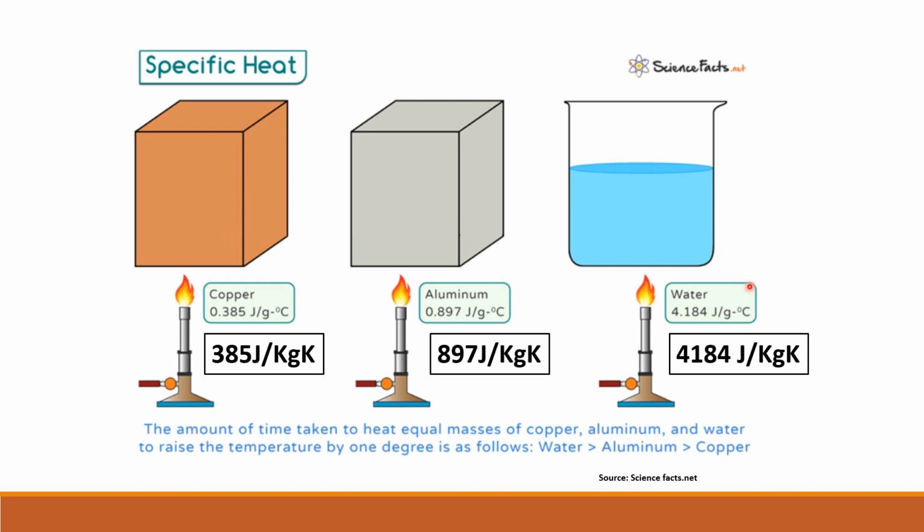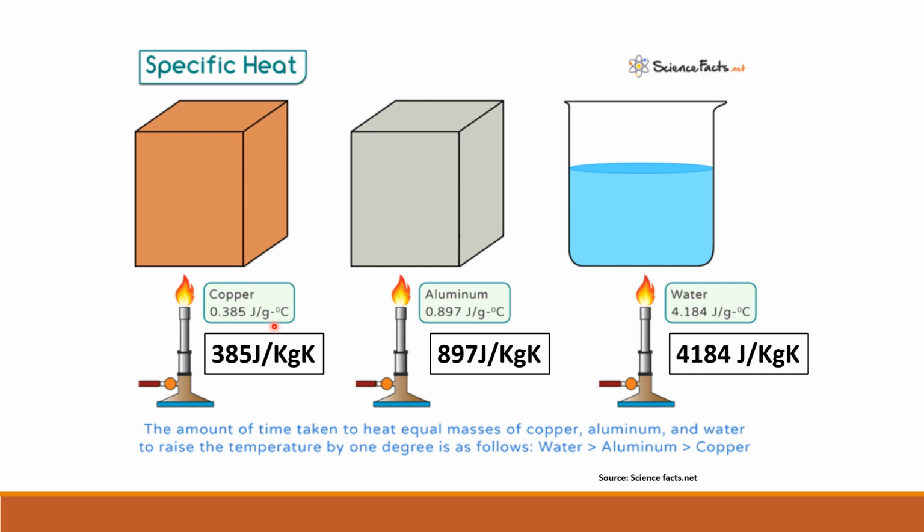See here, water takes a long time to raise the temperature by 1 degree Celsius as compared to aluminium and copper. So temperature rise in water is very slow, then aluminium, then copper.